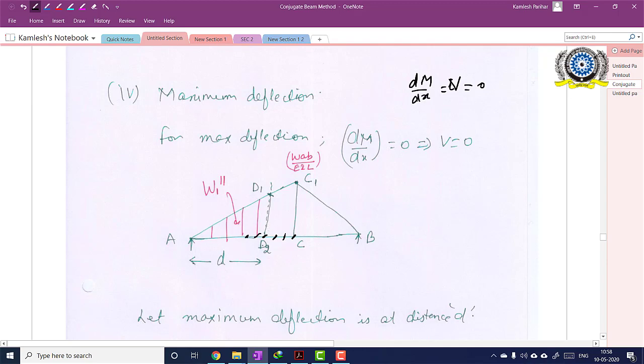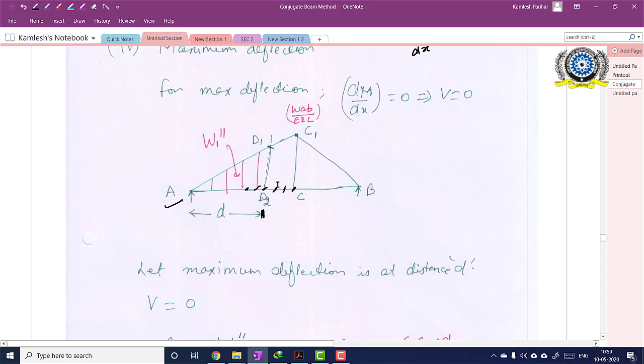Let us assume that at a distance d from support A, the maximum bending moment occurs. So at this point shear force is 0. So let us equate the shear force at this point equal to 0. What is the shear force at this point? We know that RA is acting upward, and this W1 double dash is acting downward.